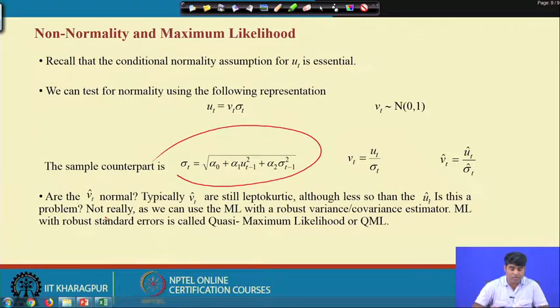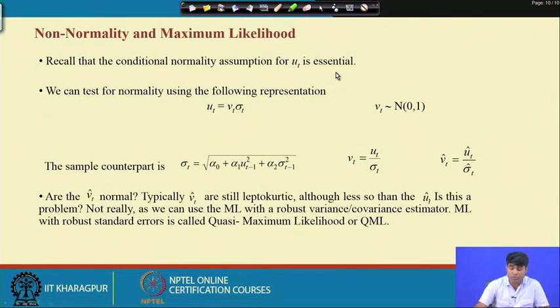Frankly, it is not really, as we can use the maximum likelihood with a robust variance, or we can say covariance estimator. So, maximum likelihood with robust standard errors is called quasi maximum likelihood, or simply QML.